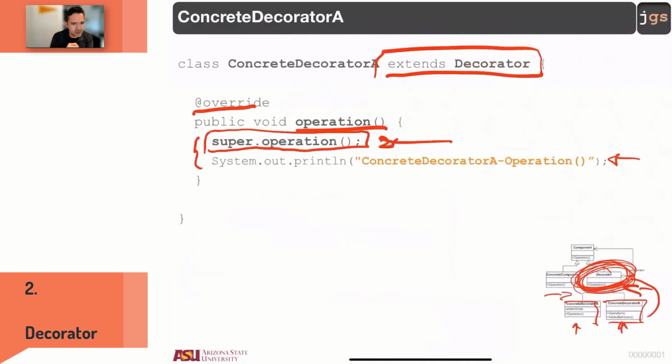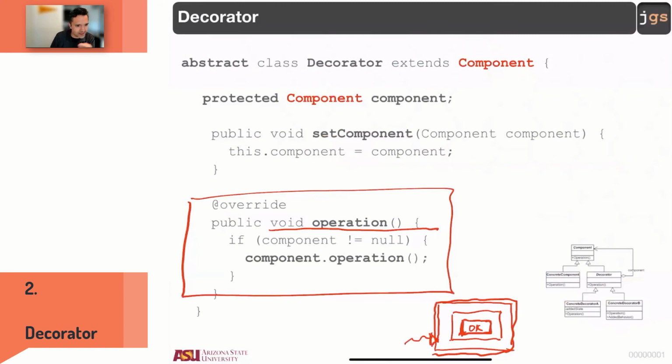And the first thing that is going to happen is that this one, the one that I am asking to do the operation, is going to call the operation in the parent class. And the operation in the parent class is going to call the operation in the element that I have inside. So I am calling for the panel outside the window to be drawn.